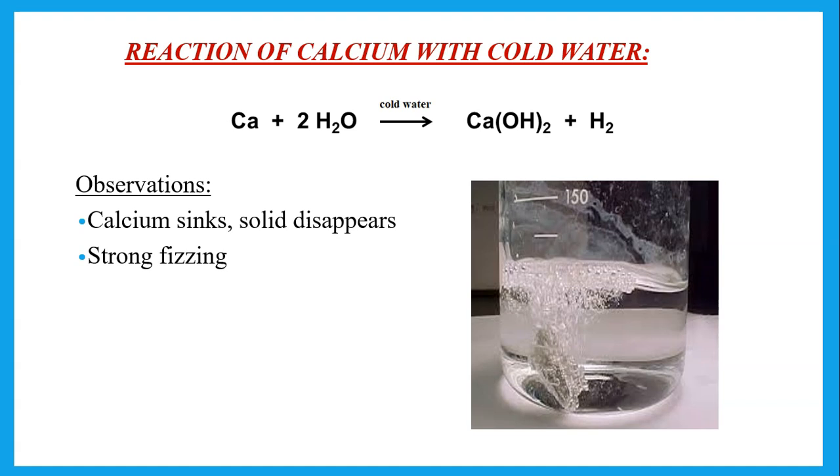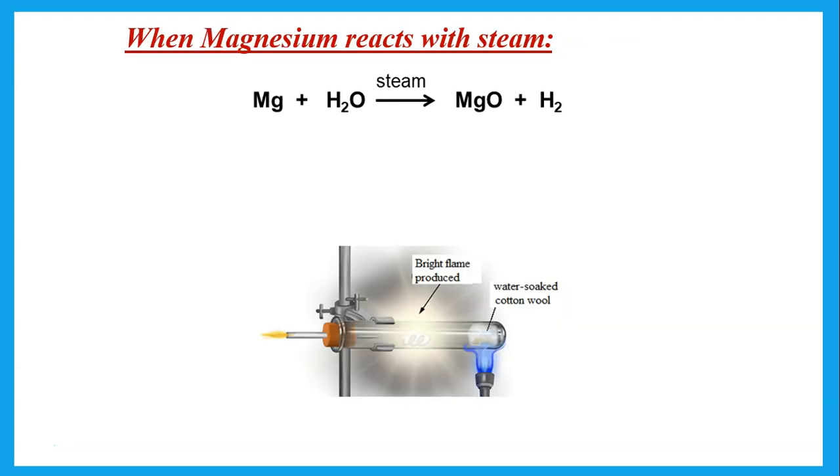Don't say vigorous, don't say violent. So if we're comparing, potassium could be regarded as very vigorous or violent. Sodium, vigorous. Calcium, strong fizzing. And the solution becomes milky because the calcium hydroxide that is formed is not very soluble in water. So as the calcium hydroxide is being formed, the solution becomes cloudy.